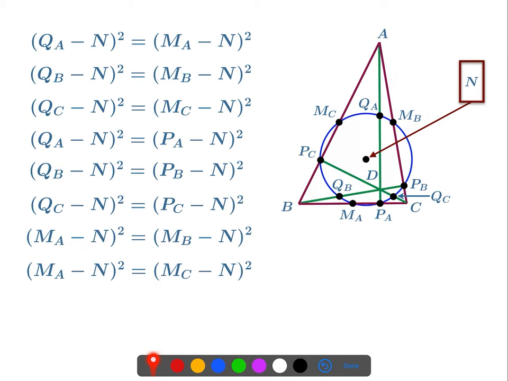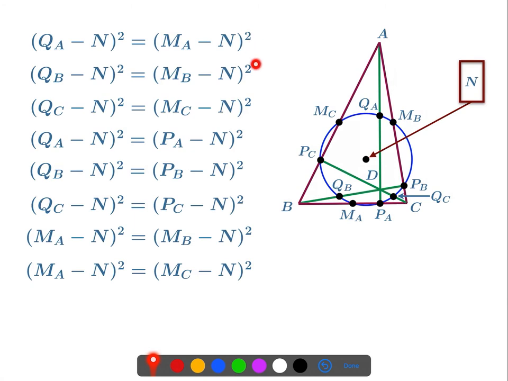So all three of these are equal. I mean, if these two are equal and these two are equal, then these two are equal, because these are the same. So we have all three of these being equal. This is the distance from n to each of the midpoints. So we have that n to each of the midpoints, all those distances are the same.